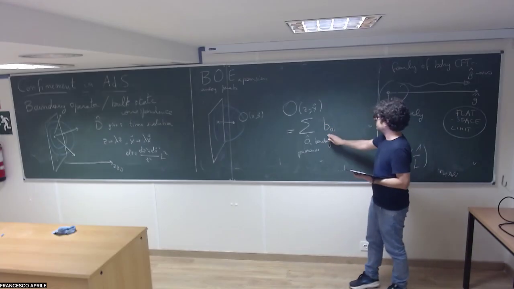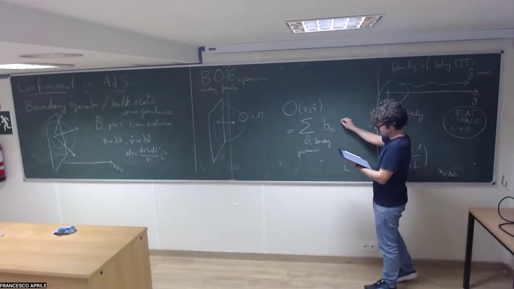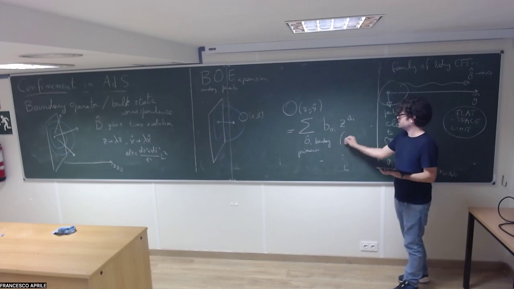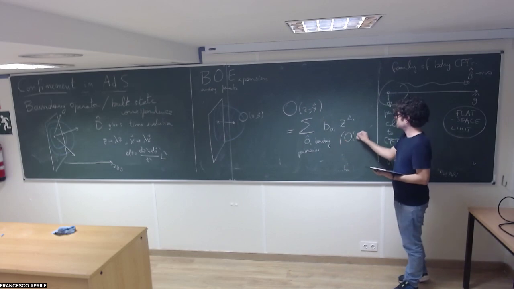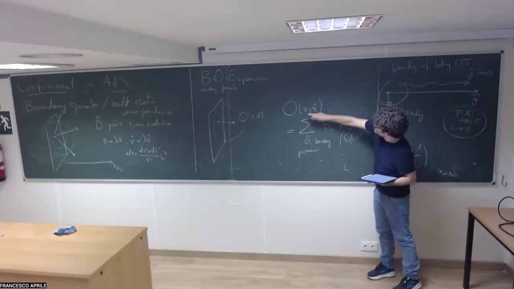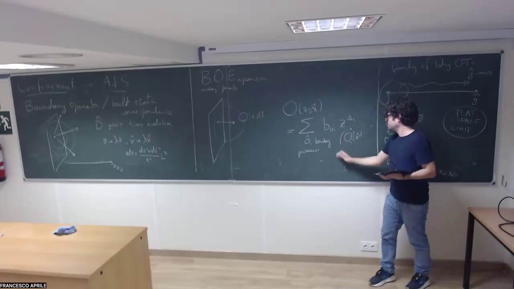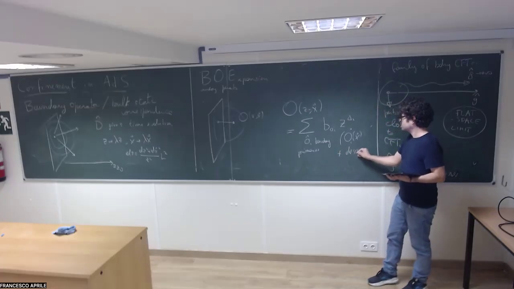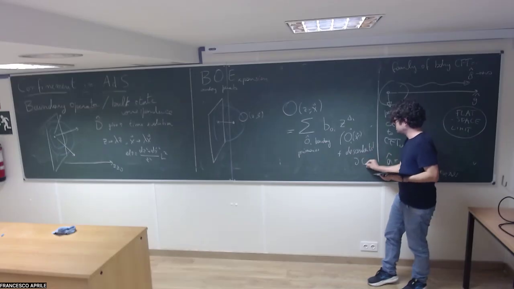We have some coefficients times some power of z, and then you insert the boundary operator at the point x. You see this is some z and some x. And then there is an infinite sum also over descendants. Descendants just means derivatives acting on O.